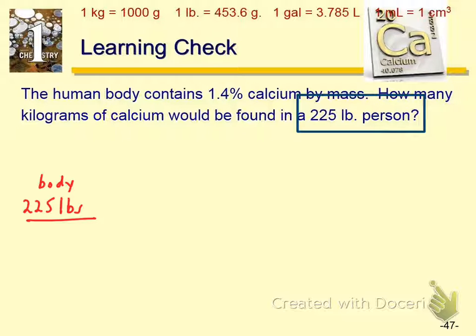What we want to end up with way out here is kilograms of calcium. Let your units be your guide. Pounds to grams would be awesome, so just go ahead and do it.